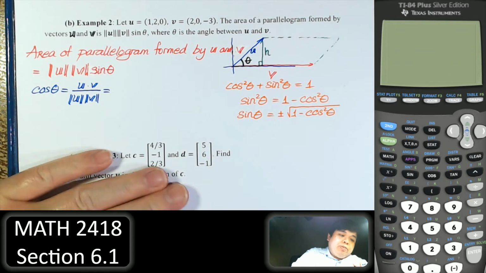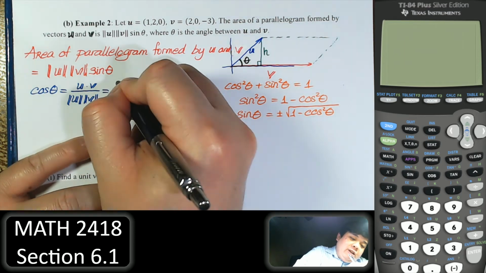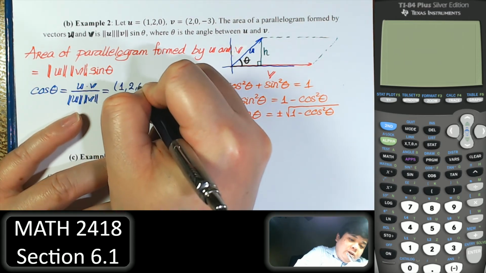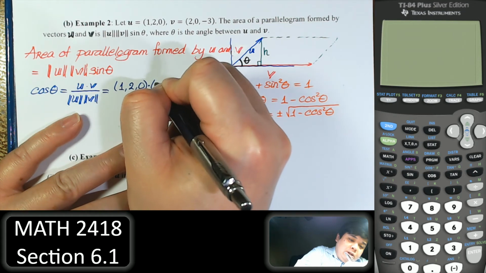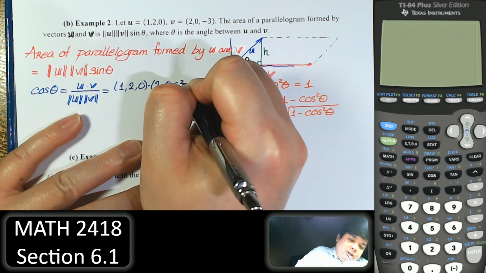So for u and v, u is 1, 2, 0 and v is 2, 0, negative 3.